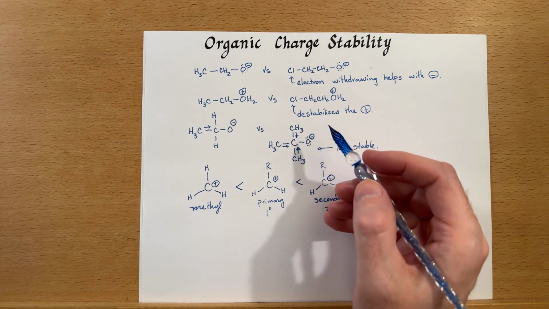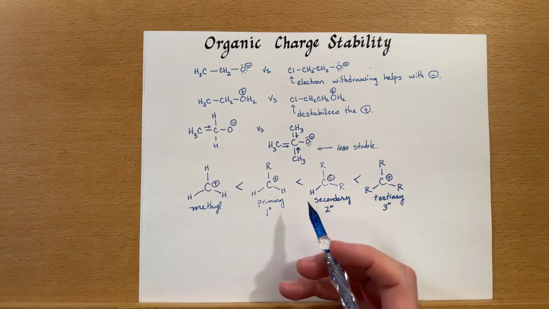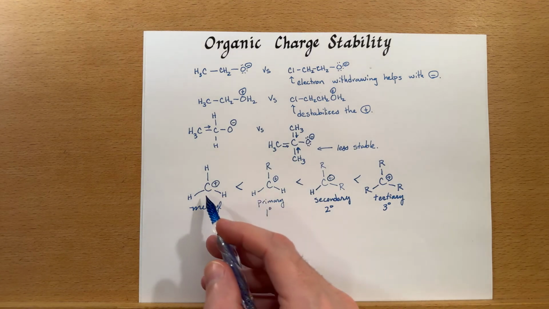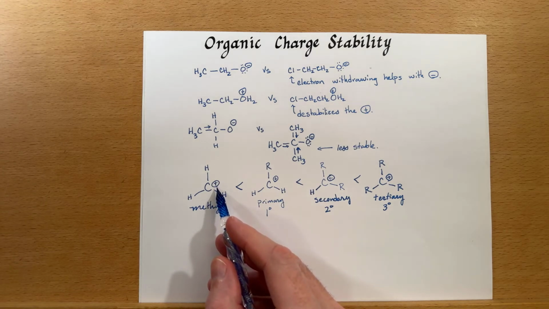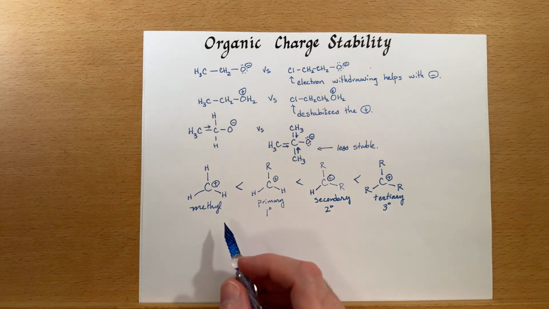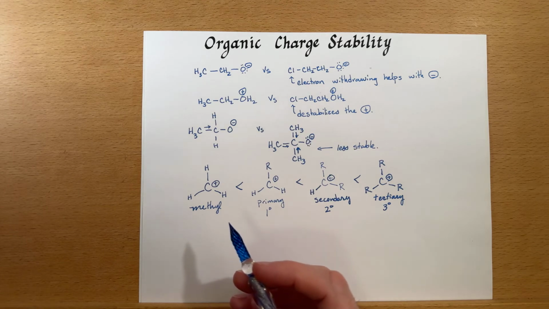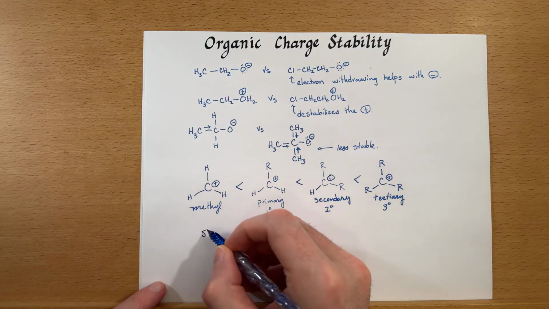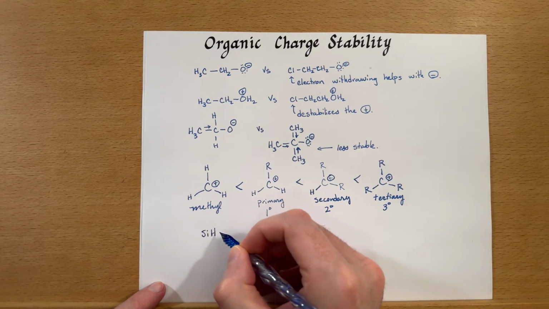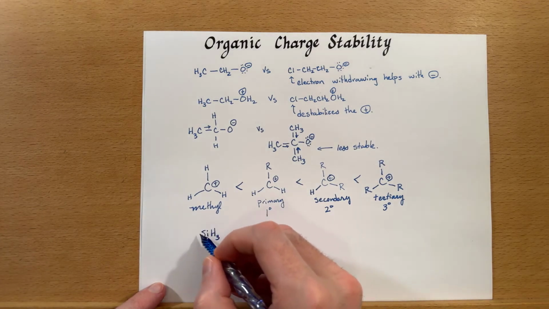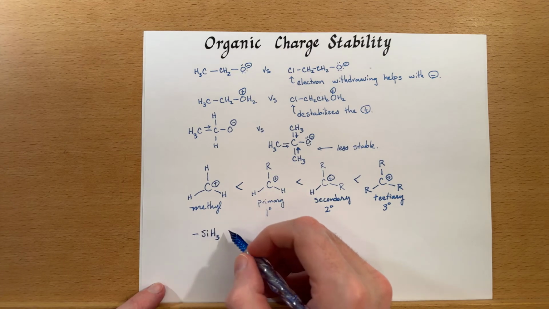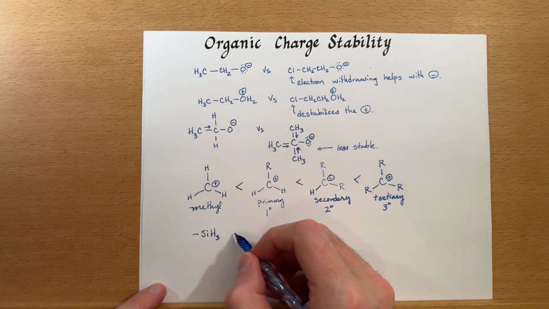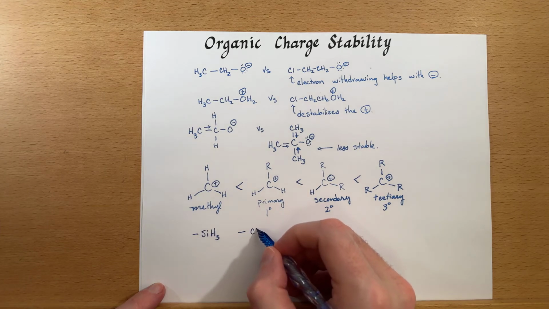If we have electropositive groups, like electron donating, then that will stabilize positively charged things. And something like a silicon group, like a silyl group, is even more electron donating than the equivalent carbon group.